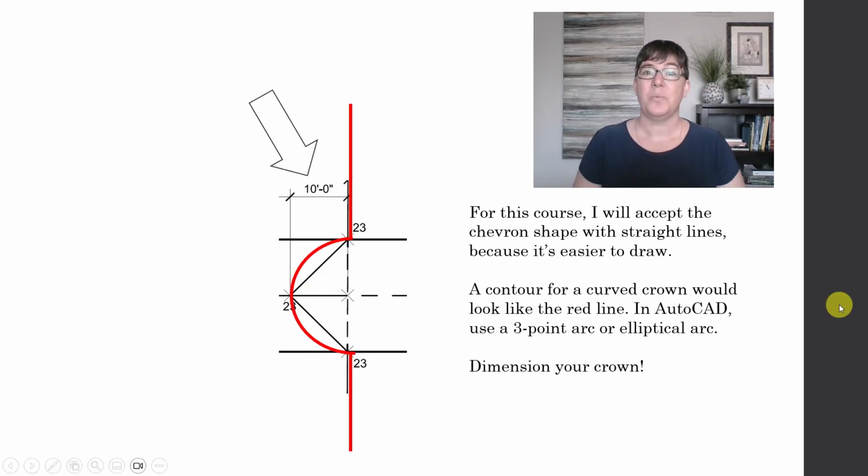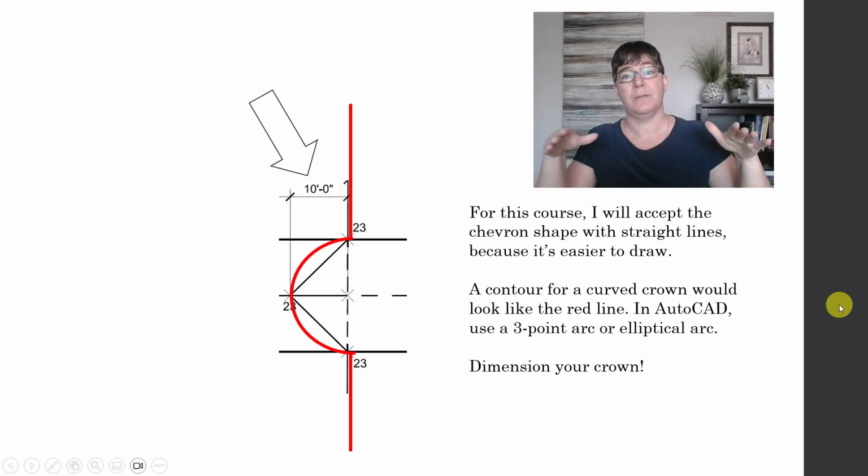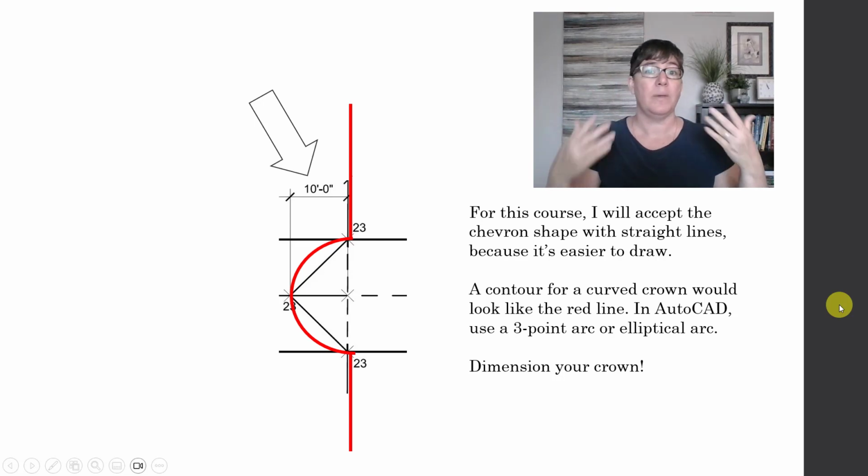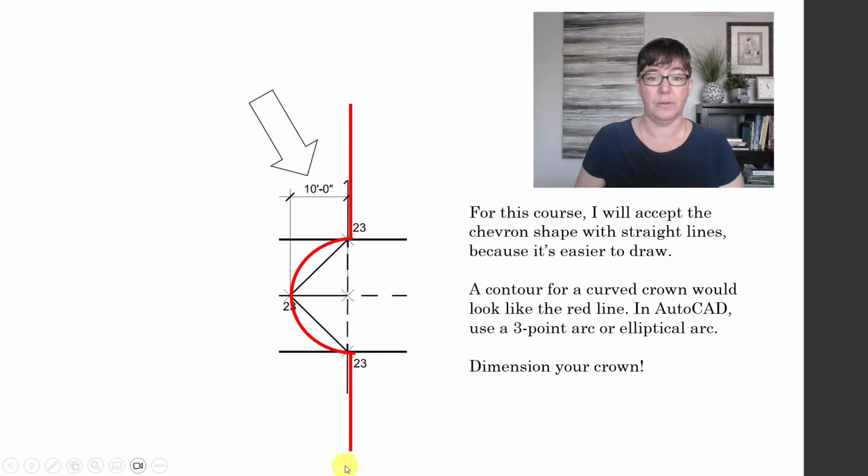So we just drew that road crown as two straight lines, creating a chevron or a V shape. A lot of roads are built that way, especially the larger ones, but the smaller, narrower roads are often built with a curved crown. A curved crown is going to look like this red line.